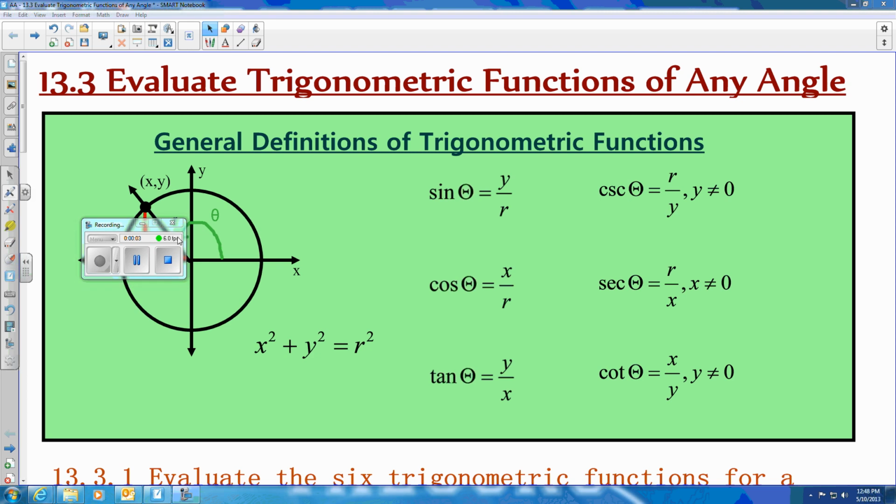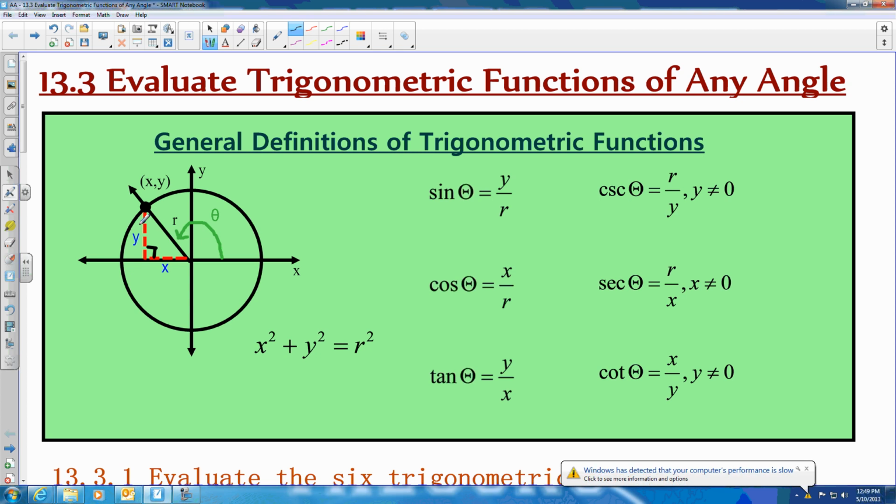All right, so we're in section 13.3 where we get to evaluate trig functions of any angle. First thing we have here in the green box is what is called the unit circle.